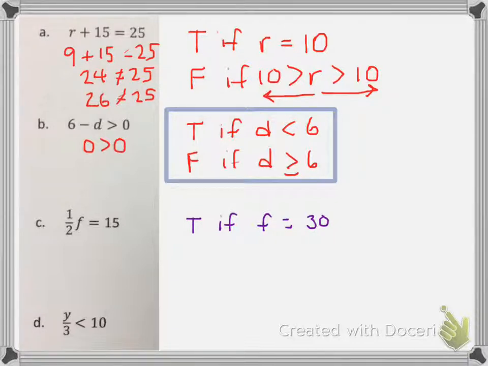And that's the only way it's going to work. When is it false? It's false if, well, there's two things. If it's bigger than 30 or smaller than 30, it's false. So I'm going to say if F is greater than 30 or less than 30. Okay? How'd you do?